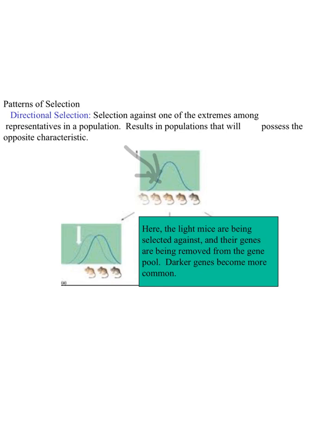The net effect would be that the darker mice would become more and more common, and the lighter mice less common and perhaps even eliminated. We're actually going to push that bell curve in one direction or the other.